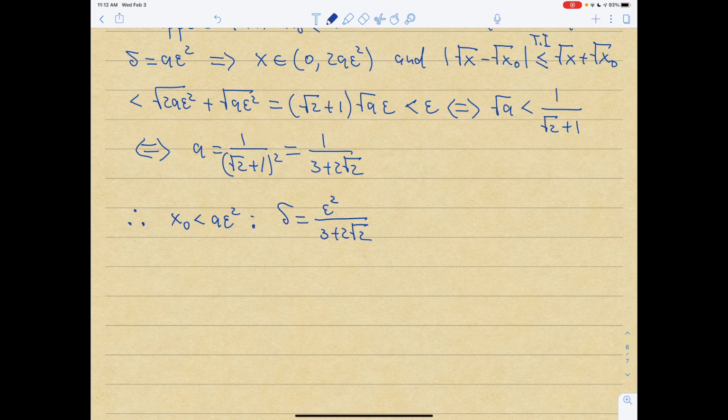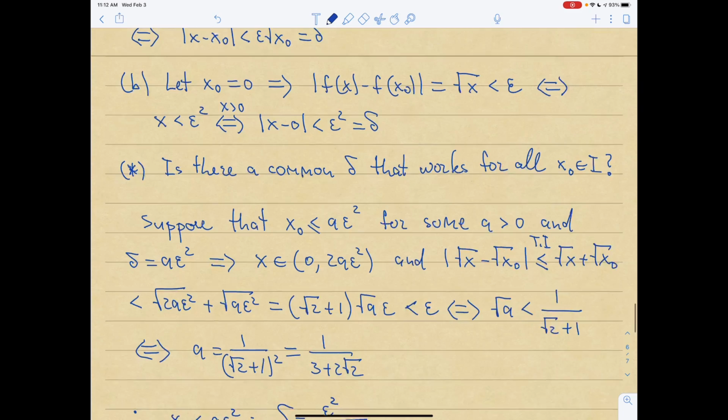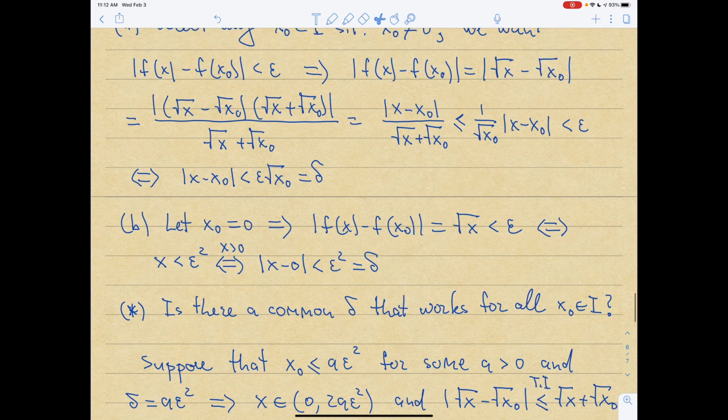If x0 is larger than a epsilon squared, we can employ the same computation that we did here, right? So in this case, delta is going to be epsilon radical of x0.